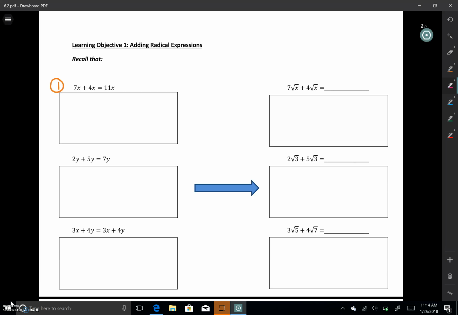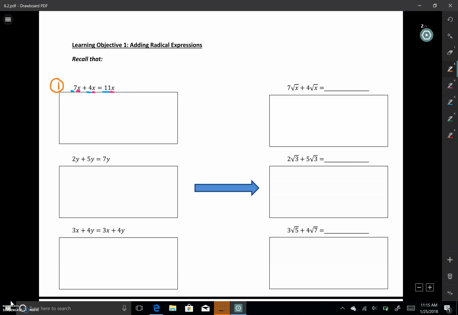And the answer to that should be yes, because the variable that is present in both of the terms is x. So once I confirm that I have like terms, I'm going to go ahead and combine like terms. And to do that, I'm just adding the coefficient 7 plus 4 to get 11 and keeping that variable x, giving me a final answer of 11x.